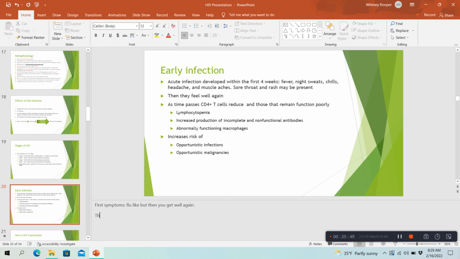We see lymphocytopenia, and we see incomplete antibodies, because we're trying to make good antibodies, but our helper T cell is suppressed, so we're not seeing good functional antibodies. We see an increased risk of infections and malignancies, and we'll go into more detail as we discuss this.